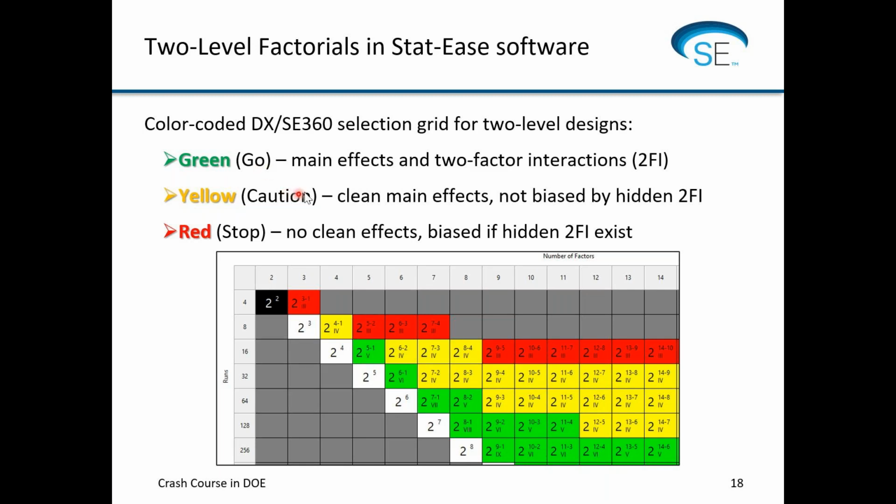The yellow ones, we're going to use those with caution, but where these are useful is for screening, right? Remember that example where we have 20 different ideas of what could improve the flavor of a cookie, and we want to cut to the chase with as little work as possible. So we're going to perhaps use one of these yellow designs to really abbreviate the amount of work, and they will let us know what main effects are making a contribution.